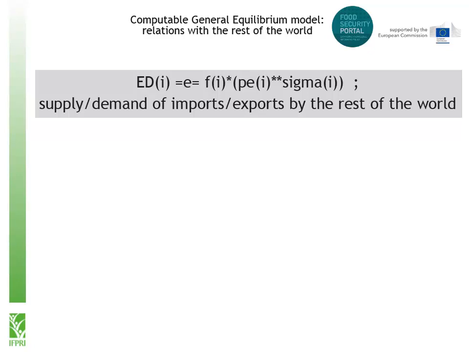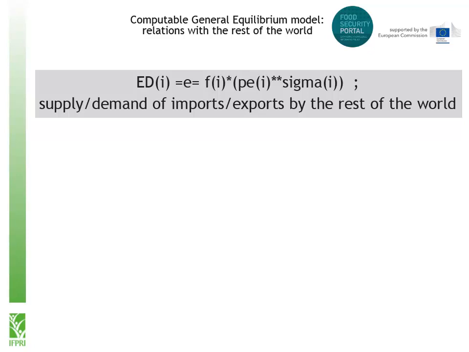So I'm trying to explain this point. Either we've got supply or demand of imports or exports by the rest of the world. I mean, if ED is positive in sector i, we've got imports in sector i. So this equation means that the rest of the world is ready to supply the quantity ED at price PE in sector i.